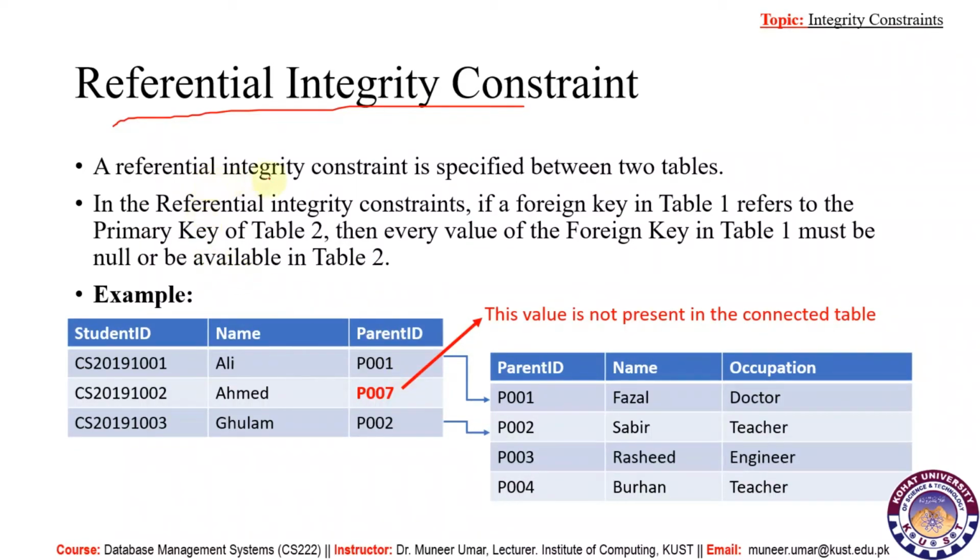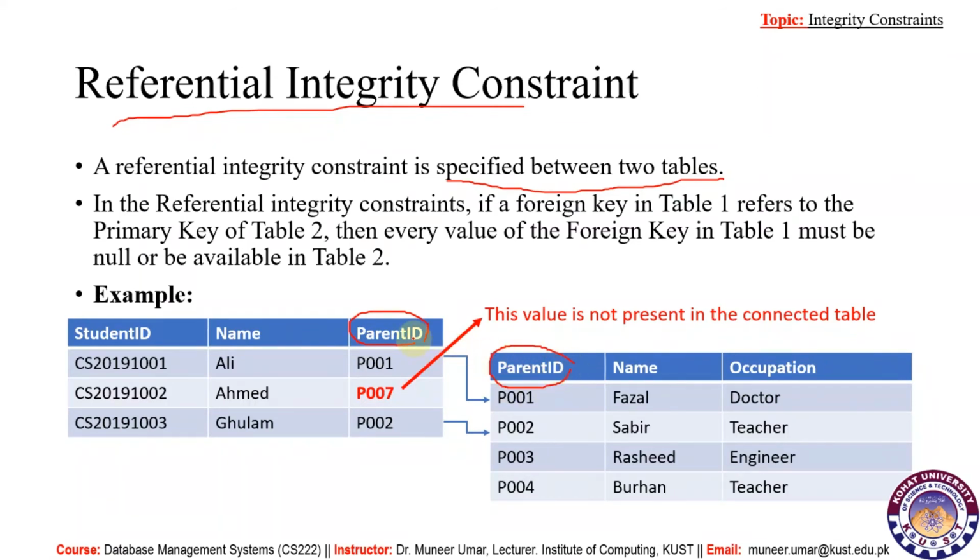So the referential integrity constraint is specified between two tables, and in referential integrity constraints, if a foreign key in table 1 refers to the primary key of table 2, so here this one is the foreign key and this one is the primary key.